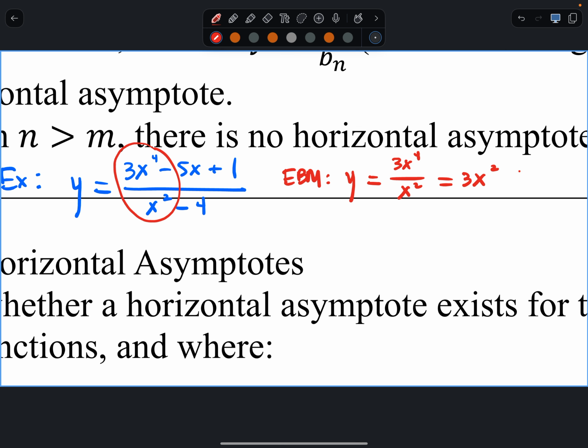So that means, you guys, the end behavior is going to be like a quadratic, like y equals 3x squared. Meaning, as x approaches positive or negative infinity, the y values are going to approach positive infinity, similar to y equals 3x squared.